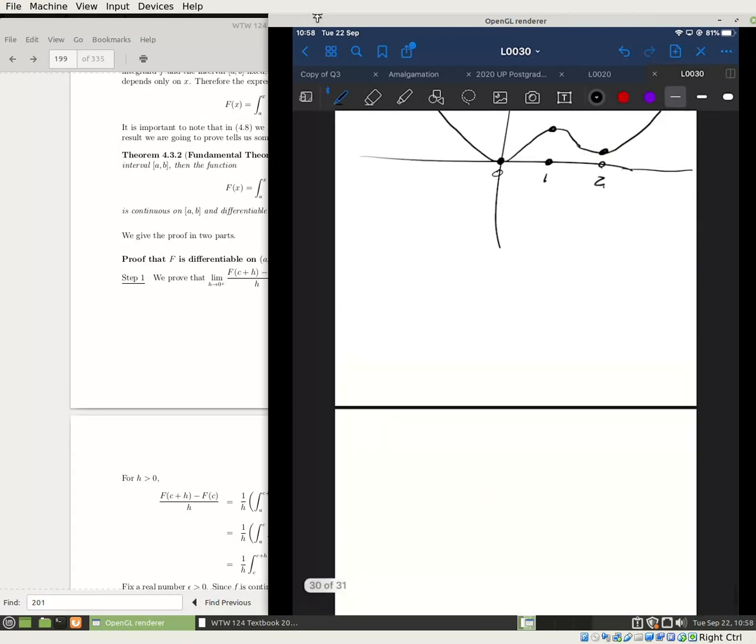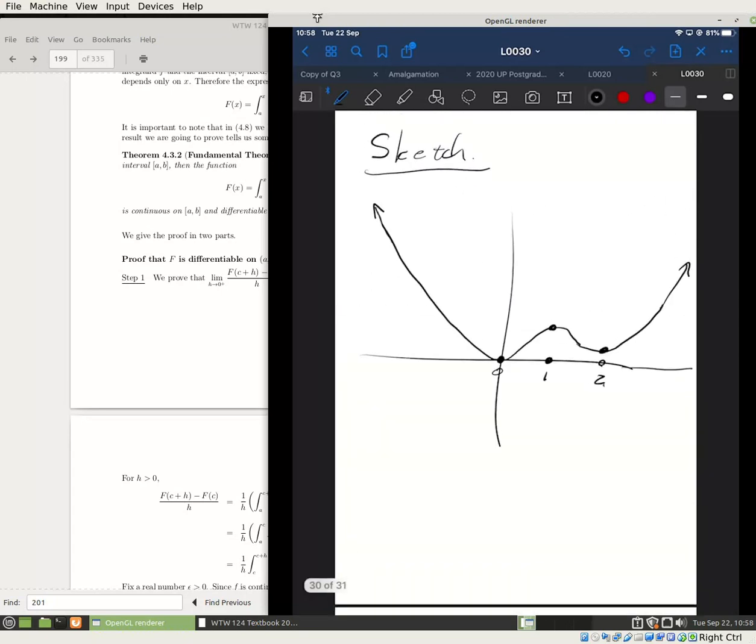So just for interest's sake, maybe we should write out the definition of the graph of a function.